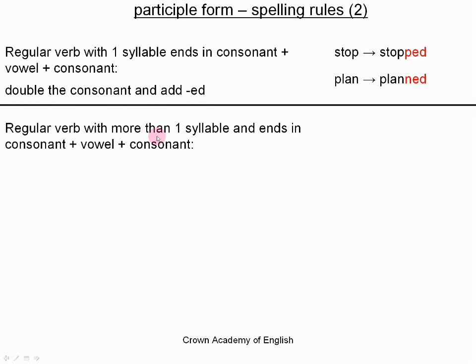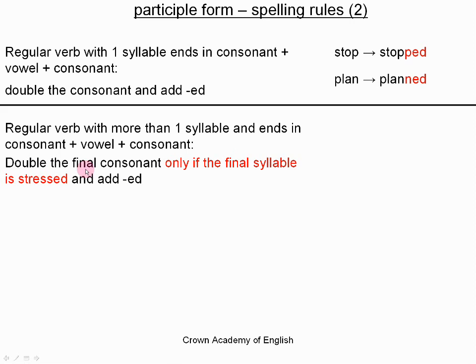A regular verb with more than one syllable and ending in a consonant, a vowel and a consonant: we double the final consonant only if the final syllable is stressed, and then we add ed. So I have preferred. I have regretted.